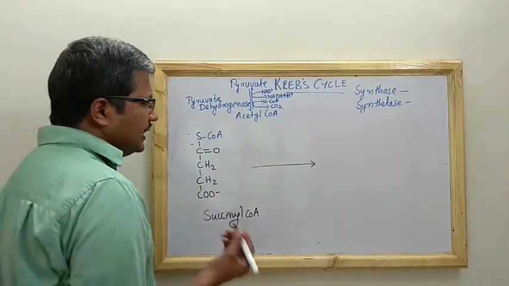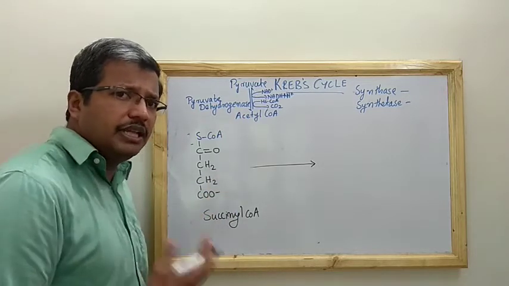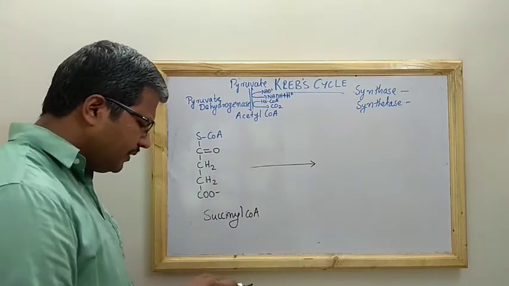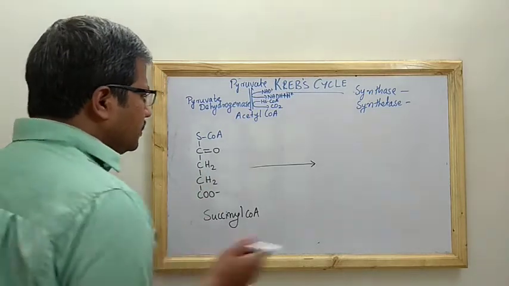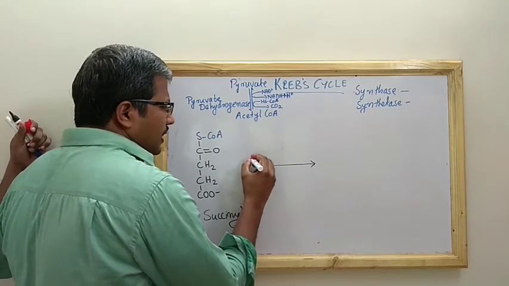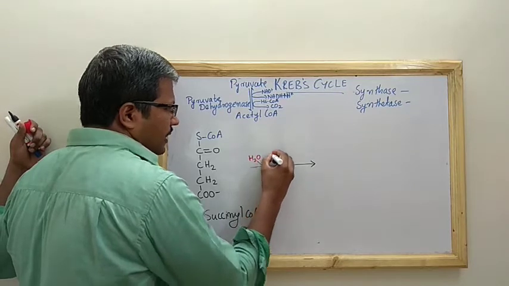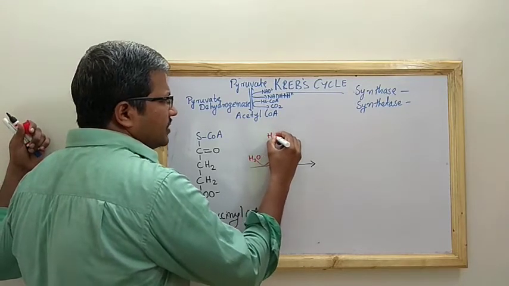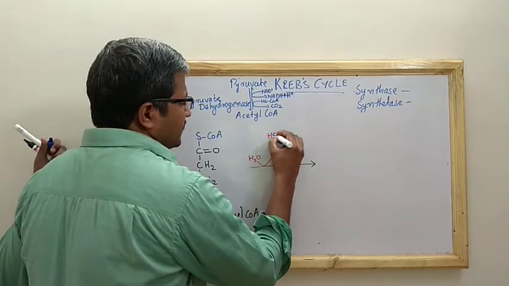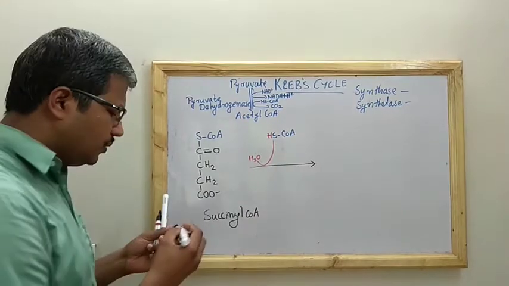Okay, succinate. So hydrolytic cleavage is happening. From the name itself, we can see that hydrolytic cleavage, I am just adding that water molecule. So H2O will be entering, and CoA will be released out.